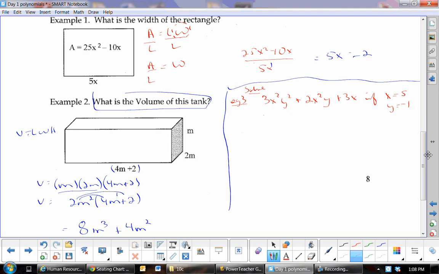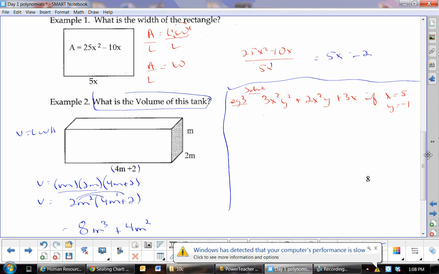Go ahead. This is pretty easy to do without a calculator, but maybe that's just me talking. I'll show you how to do it without.